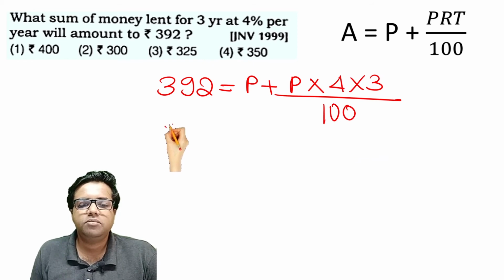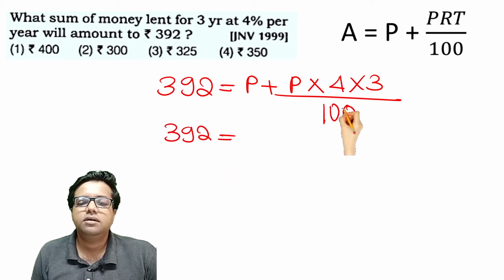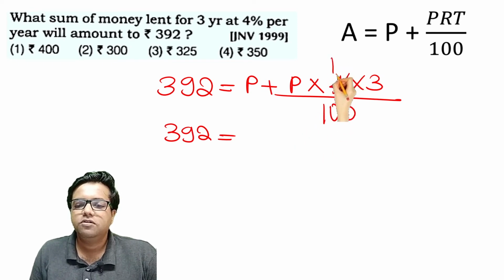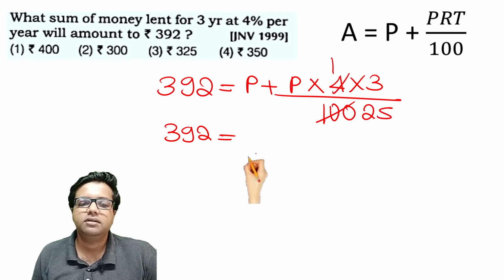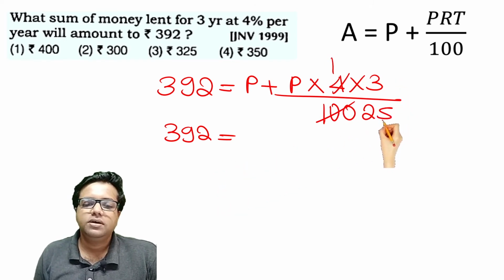Let us take P common. Before taking P, can I simplify this? 4 ones are 4, 4 twenty-fives are 100, so I'm left with 3 by 25.